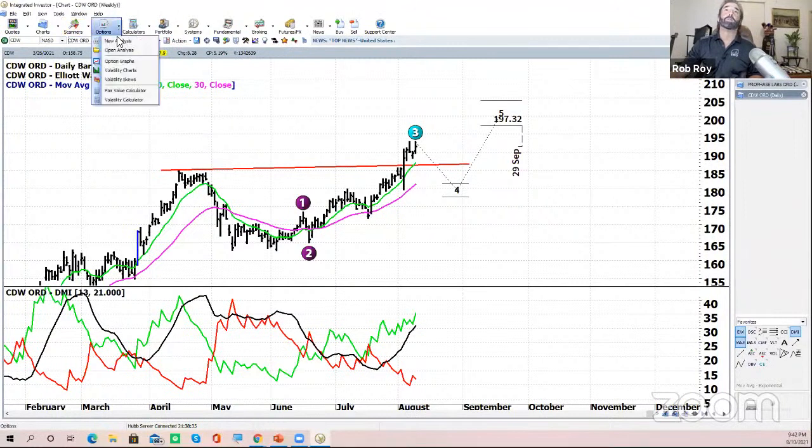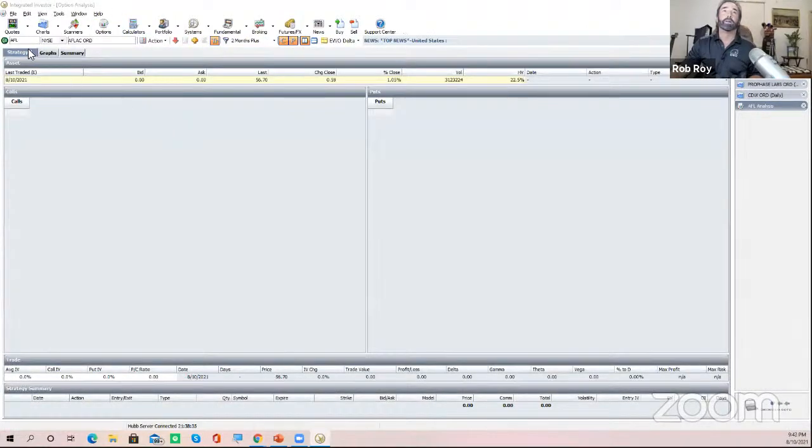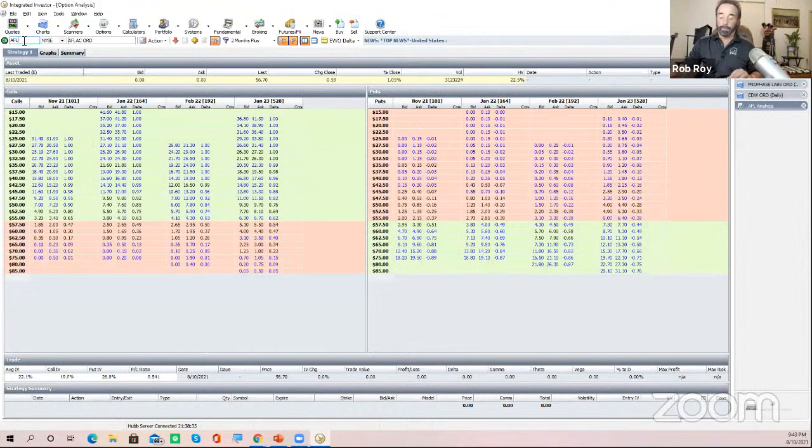And so we'll pull up the options chain, see what it looks like on CDW, and make sure that we're not jumping the gun here on something that really doesn't have a lot of options.